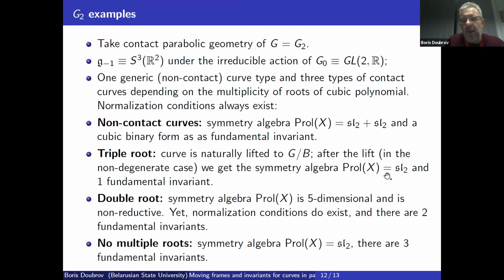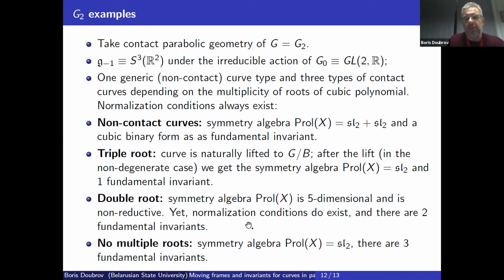So for triple root, I said that we can have a nice natural lift to G2 by Borel, to the Borel geometry, so to say, for G2. So G/P_{12}, normally the Borel is denoted as P_{12}. For double root and single root, we had a 5-dimensional non-reductive symmetry algebra as a prolongation, but normalization conditions do exist, as we shall see in a second.